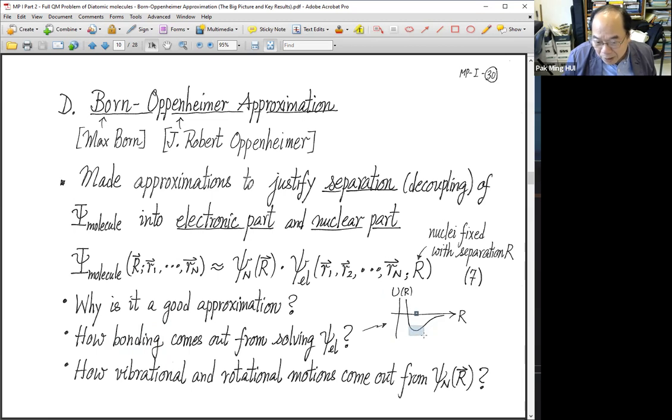About the minimum, it is parabolic, therefore vibration, a harmonic oscillator vibrating, and the whole thing in high dimension could rotate with this preferred distance. So two balls with a rod of preferred length, and then it rotates. We will see how all this comes out from this rather harmless approximation.